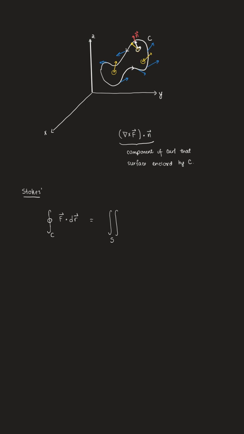But this is going to be over our surface. Instead of having a region on the xy plane, now we have a surface in space. And we take the curl of the vector field that points in the direction of a normal to each point on our surface, because we want the component of the curl that's on the surface. Similar to Green's theorem, this is circulation on the boundary of the curve.